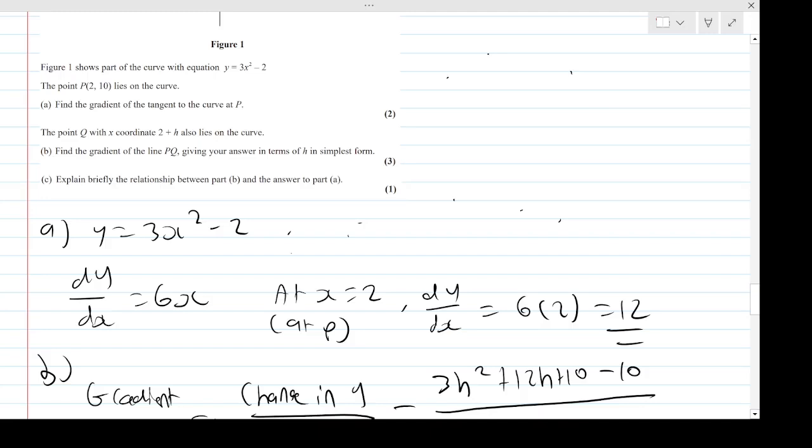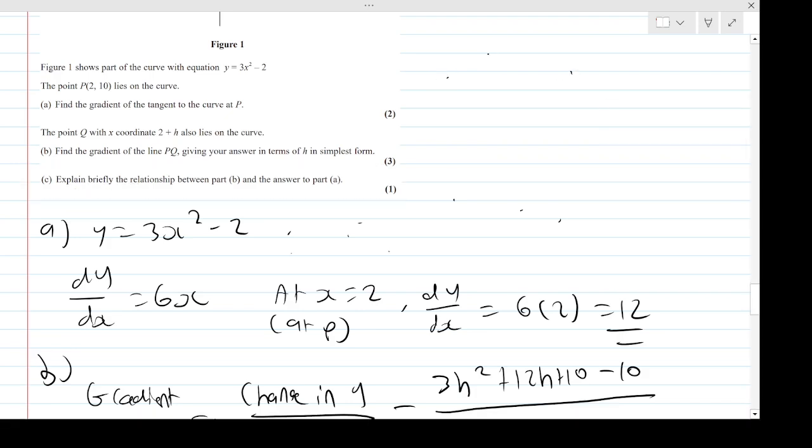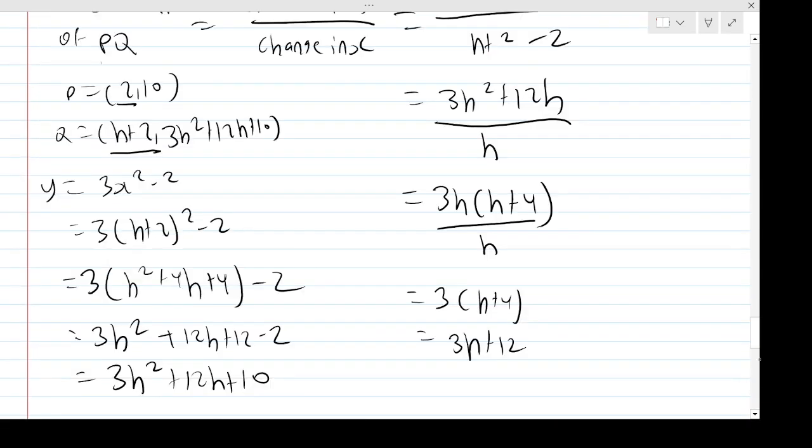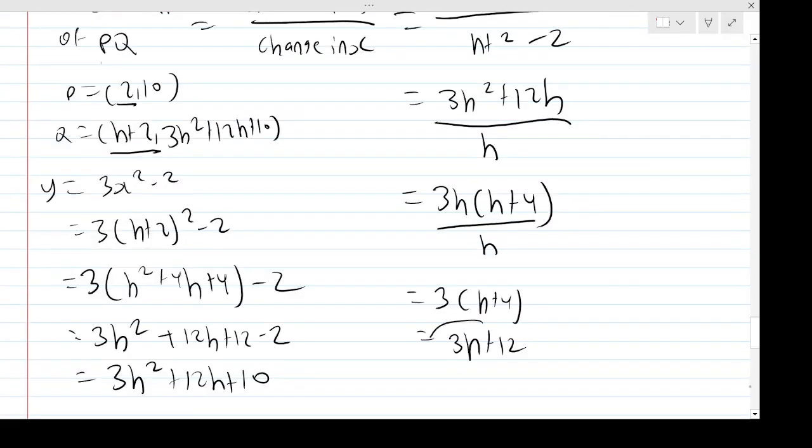Okay. Now, part C then, explain briefly the relationship between part B and part A. Okay, so part A, my gradient at P was 12, right? That's my answer in part A. In part B, my answer was 3h add 12. So it's kind of getting at this idea of h, right?